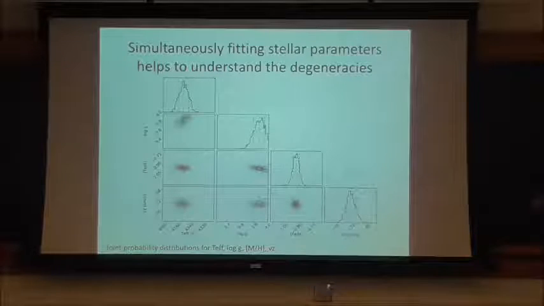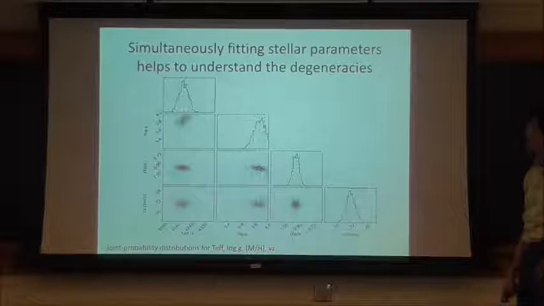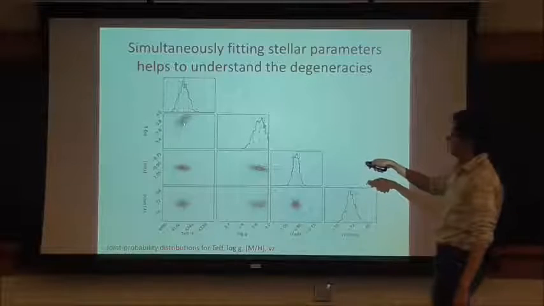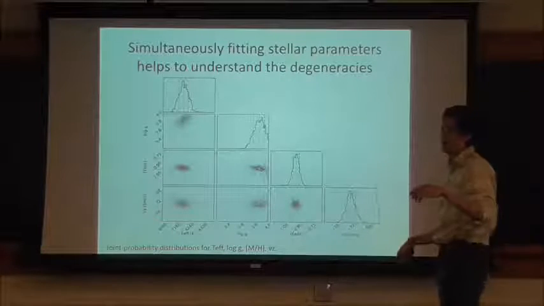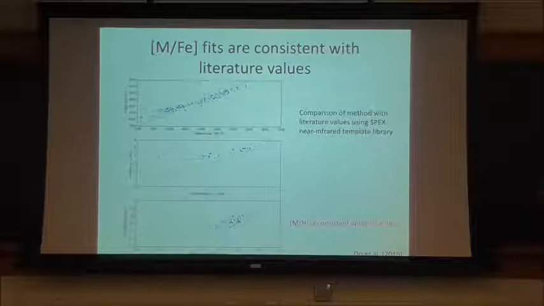That's right. That's why you have this essentially. But actually the width of these probability distributions are much smaller than the spreads that you see here. So our uncertainties are totally dominated by systematics.